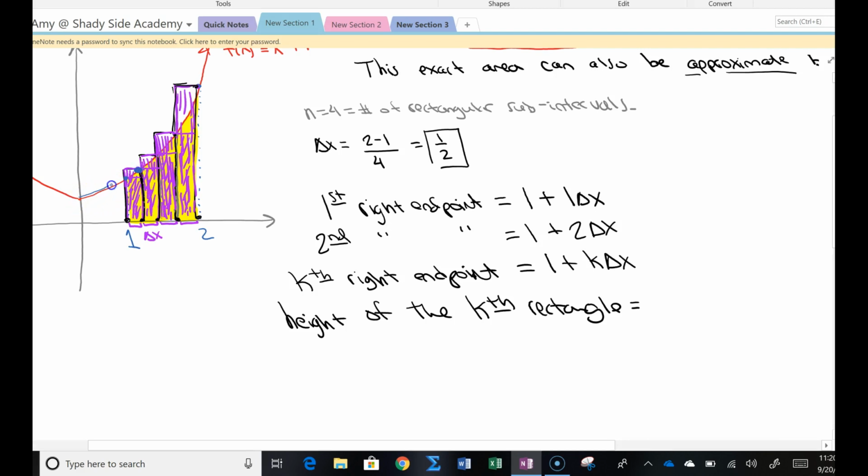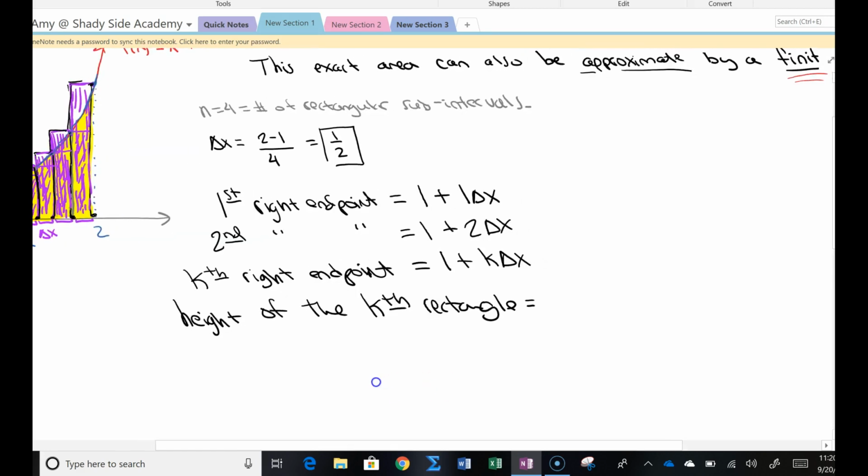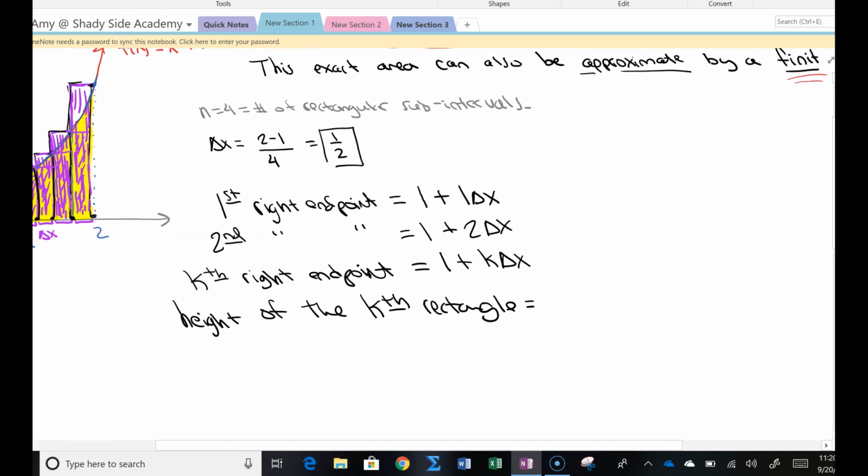So don't forget, underlying all this was f of x, which was down here. And what we did was evaluate the function f at the kth right endpoint. So the height of the kth rectangle is f of 1 plus k delta x.